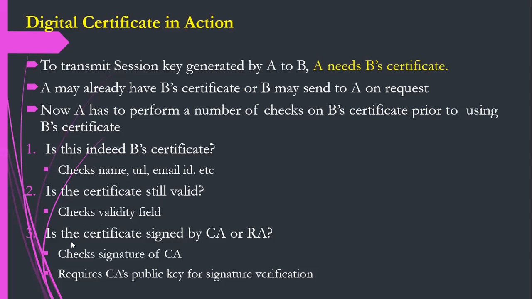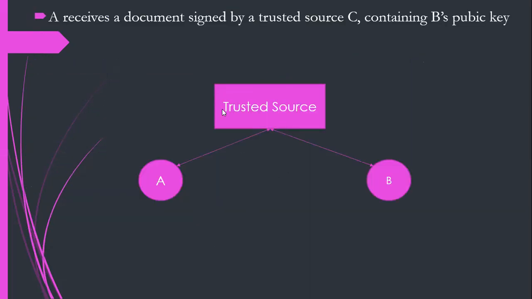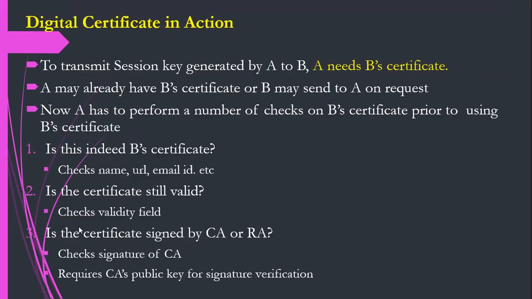Then the third one is whether the certificate was sent by the CA or RA. In the diagram we have seen in this document, this trusted source will issue certificates to A and B. So that particular certificate can be checked, whether it is signed by the CA or the RA. CA means certification authority and RA means registration authority.